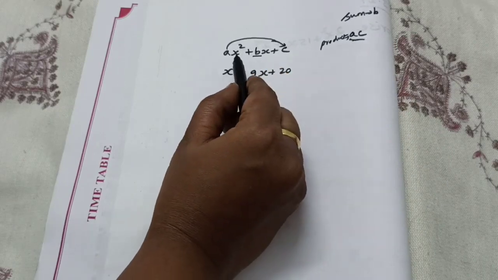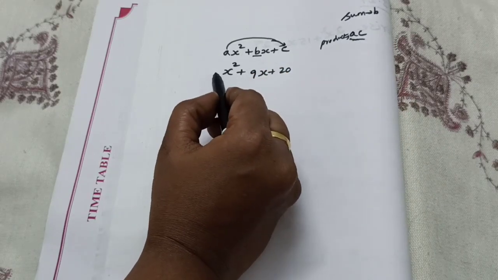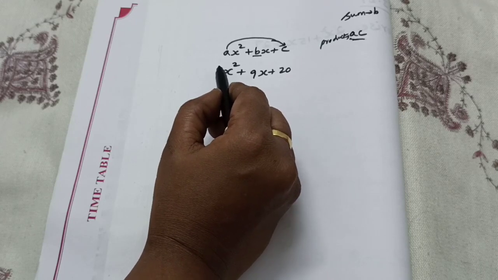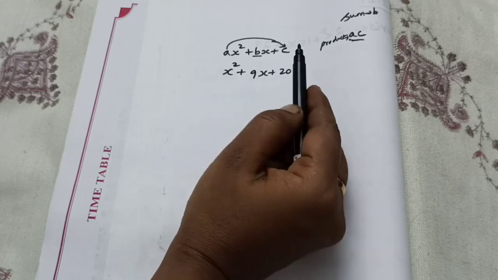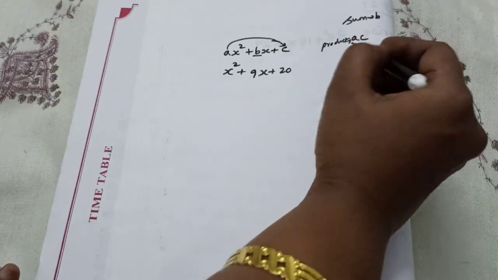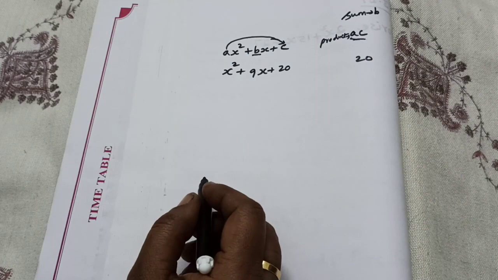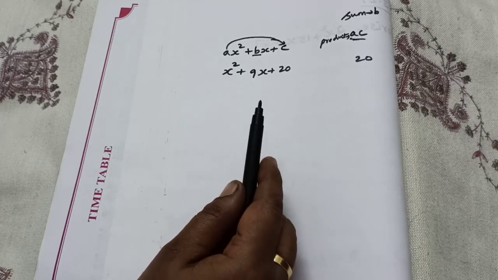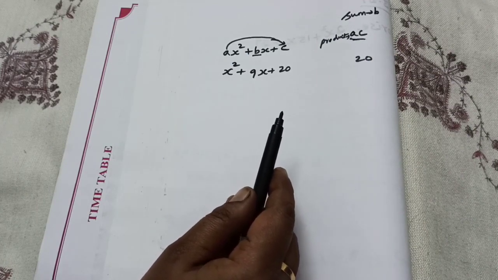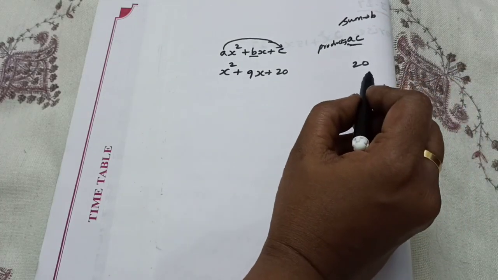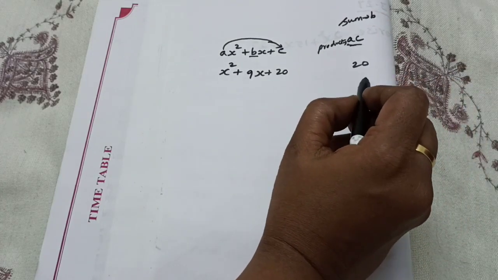Then first you check it: x square, what is the coefficient here? 1 is the coefficient, isn't it? So this 1 and 20, if we multiply, what value will we get? 20 only. Then the product is 20. Which two numbers multiply to give 20?